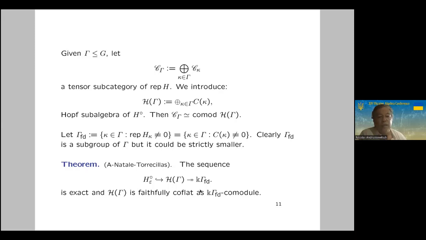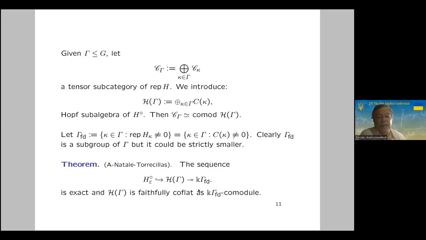Now I consider the subset of gamma consisting of those kappas. So for any kappa in G, I introduced an algebra H kappa before as H divided by the ideal generated by the kernel of kappa, and I look at those kappas in gamma such that the category of finite dimensional representations of H kappa is non-trivial.